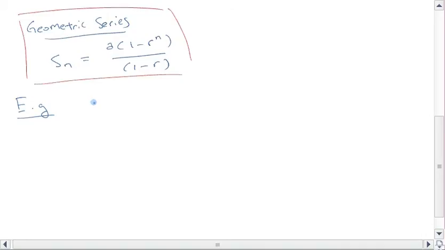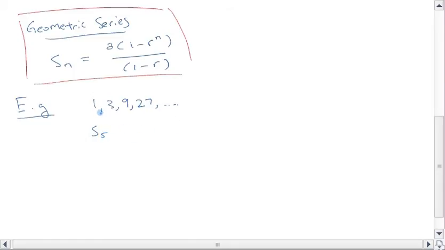Okay, so let's give you the sequence. It has to be geometric, right? So we have to have a common ratio. I'm going to give you the sequence 1, 3, 9, 27, etc. And what I'd like us to work out is S5.